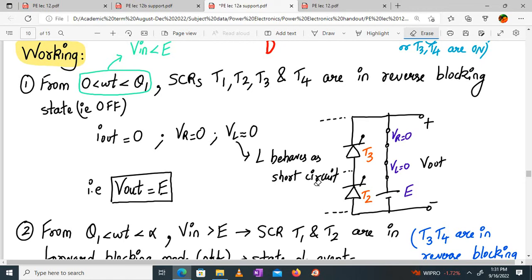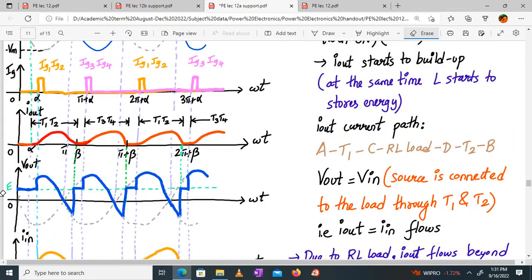Voltage 0 means it behaves as a short circuit, right? Yes. So what came in the output? E, right? Yes or no? Correct. So what is my output now? You will have E in the output from 0 to theta 1.